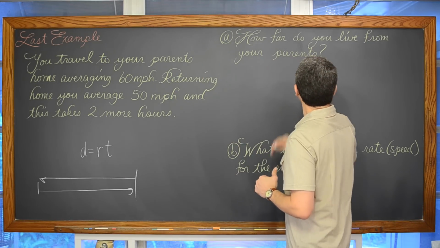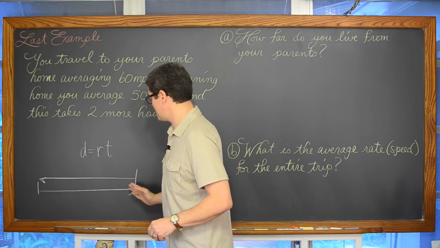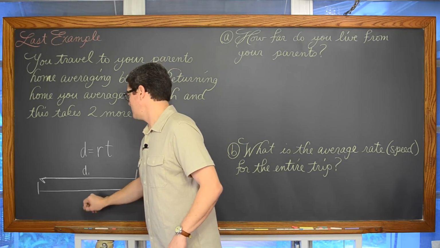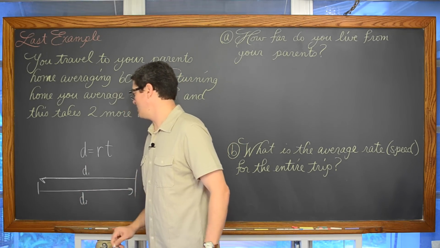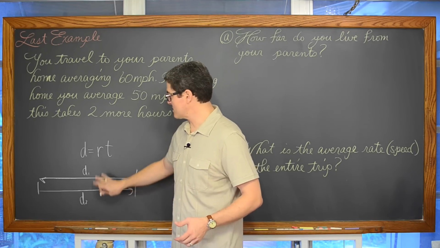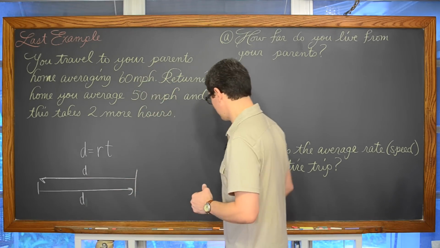So how far do you live from home? You're going to take advantage of the fact that each of these distances are the same. So we have sort of like a D sub 1 and D sub 2 here, if you will. But really, you don't even need to write them with a different subscript because they are the same length.